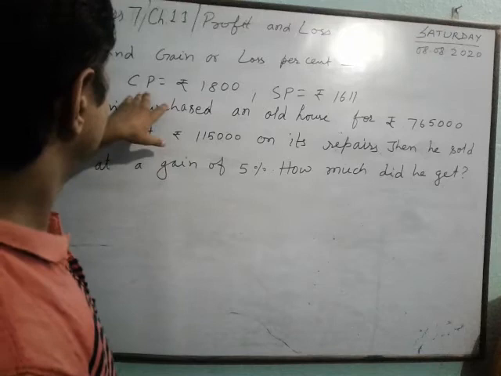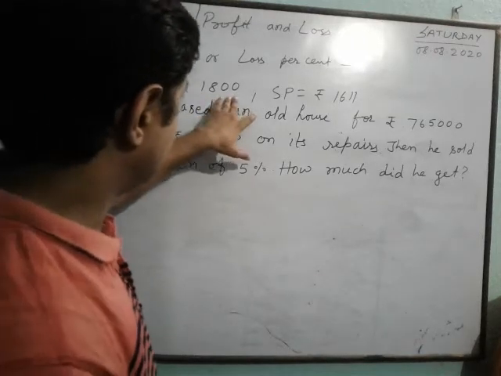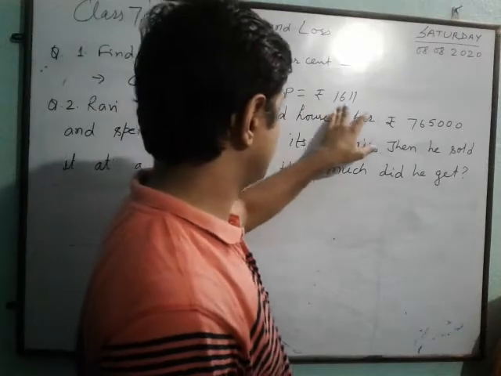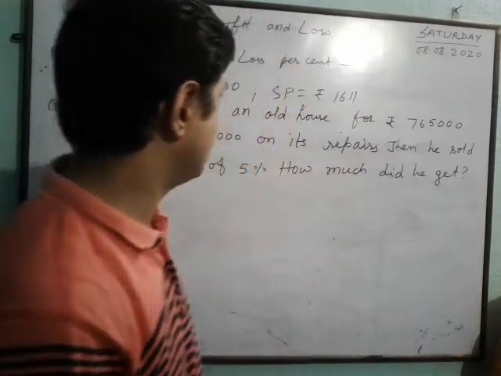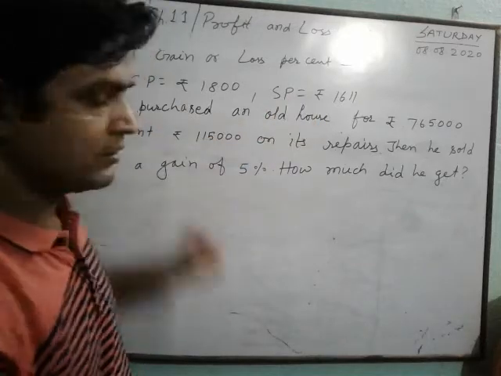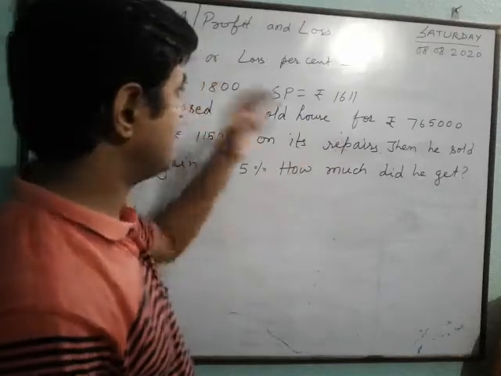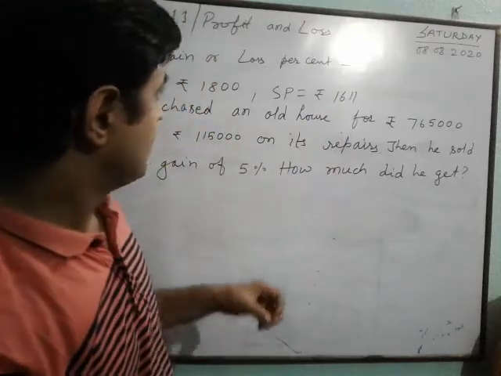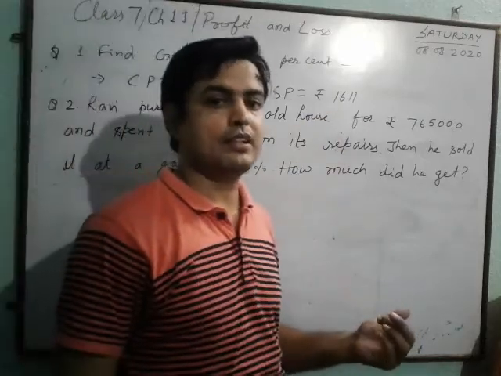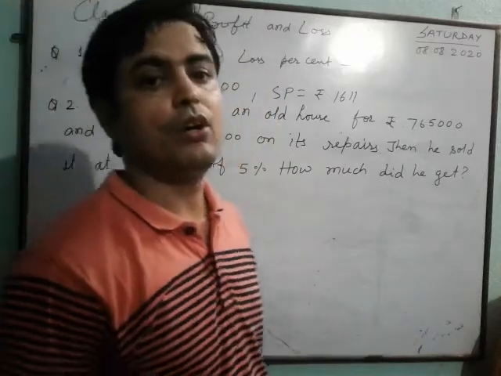So first we say CP equal to rupees 1800 and SP is rupees 1611. Here we can see that SP is less than CP. Selling price is less than cost price, selling price cost price se kam hai. So what is the case here? Here this is the case of loss.